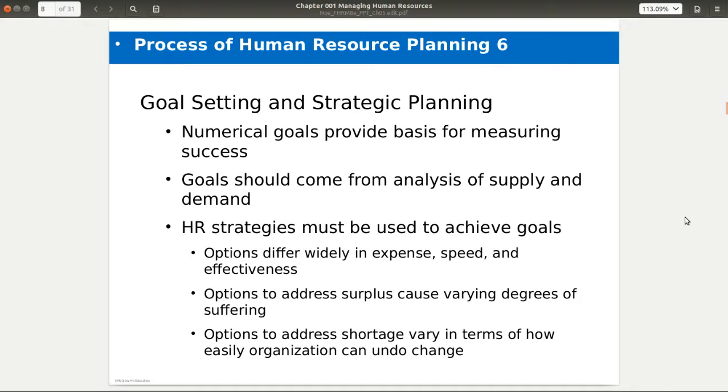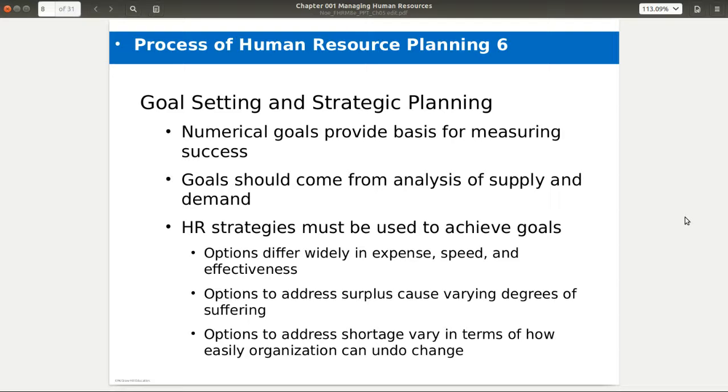Now, when you start thinking about the planning aspect, we need to think about our numerical goals. In other words, are we going to need X number of people in this area over here in manufacturing? Are we going to need Y number of people over in sales? So we have to figure out where it's going to go and who it is that we might need as far as the human resources are concerned.